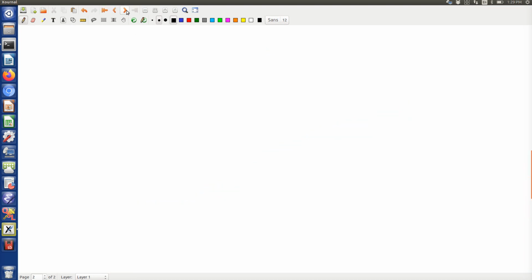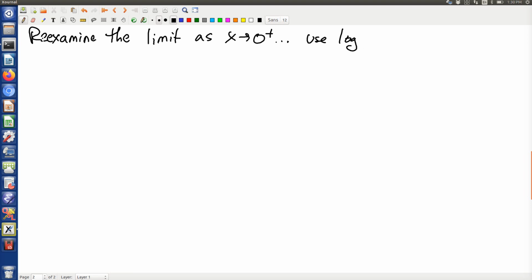So let's re-examine the limit as x goes to 0 from above. And we're going to use logarithms.